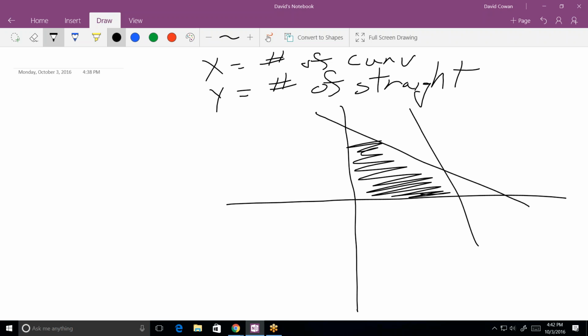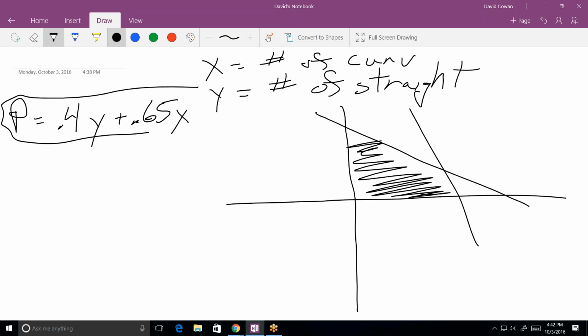And what you do is you take your profit function. Let's talk about the profit function for a minute. What's the profit? 40 cents for straight and 65 cents for curved. Is that my profit?